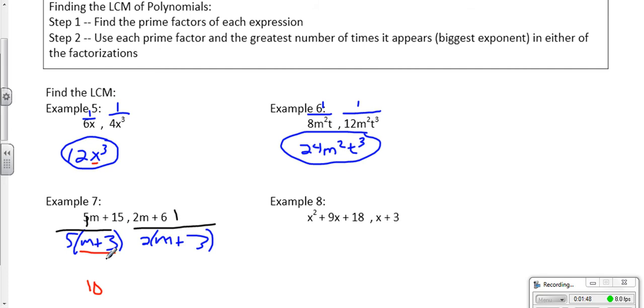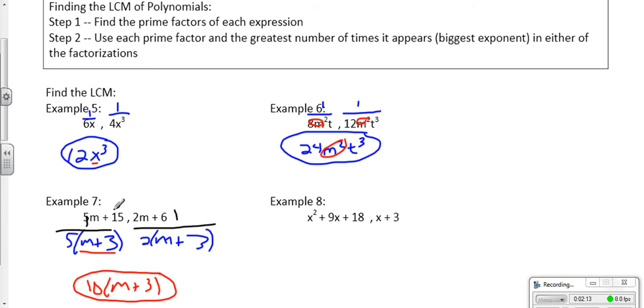So it's like they both had an x. Like up here, they both had an m squared, so we had m squared in our common denominator. That's the same case here. This is our least common multiple, and if they were fractions, it would be considered the common denominator.